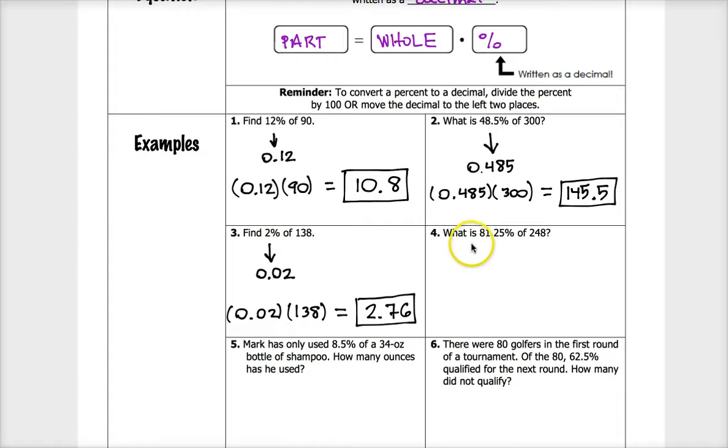Number four, what is 81.25% of 248? So convert 81.25% to a decimal by moving the decimal point two places to the left. That becomes 0.8125. And so for this, it's 0.8125 times 248. And we get 201.5.